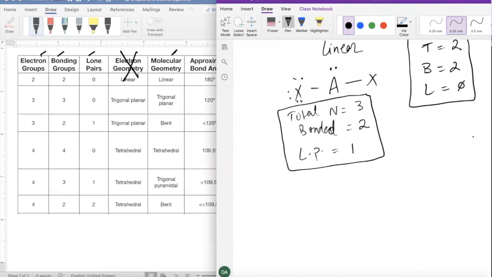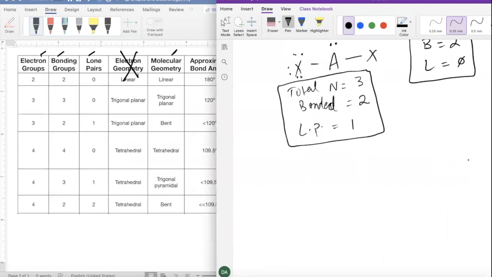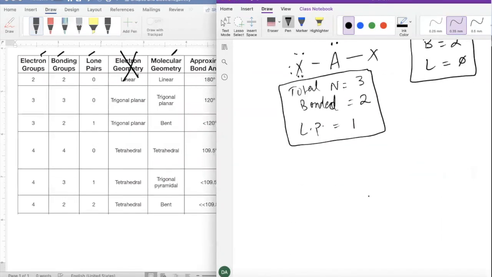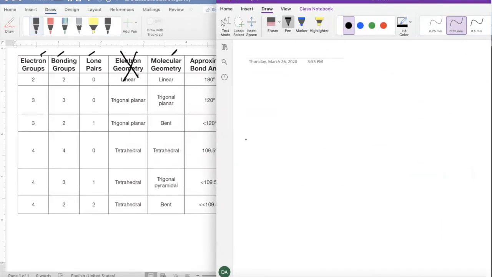Sorry, what did you mean by bonded groups? By bonded group, we mean that, let me go back to the simple example, the general example. Now, if I ask you again, how many total neighbors we have, that's the electron groups.